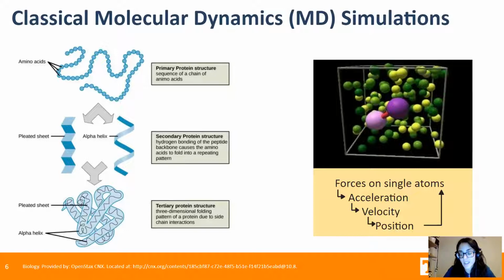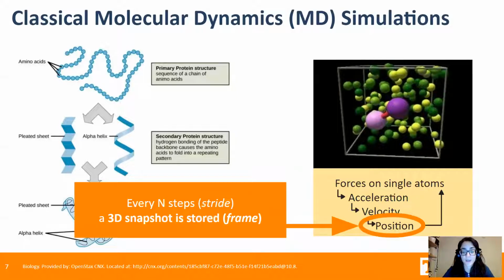Well, we take snapshots, pictures of what's happening in the system every given number of steps that we call stride. I will refer to this image of the system as a frame. When we put one frame after the other, essentially what we have is a discretized film that represents the evolution of the system through time.